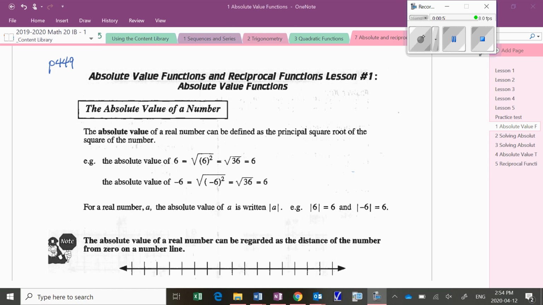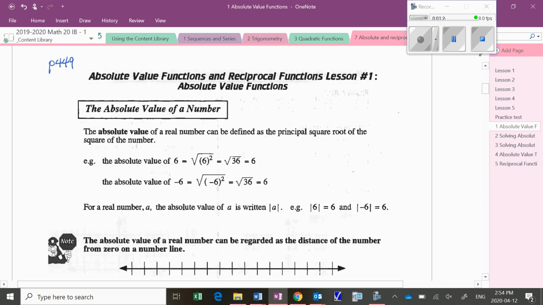The absolute value of negative 6, well, let's square negative 6, and negative 6 times negative 6 is, of course, also positive 36, and the principal square root of that is positive 6. If we're taking the absolute value of something, we use absolute value bars. So you can see the absolute value of A is written as A with the little bars around it.